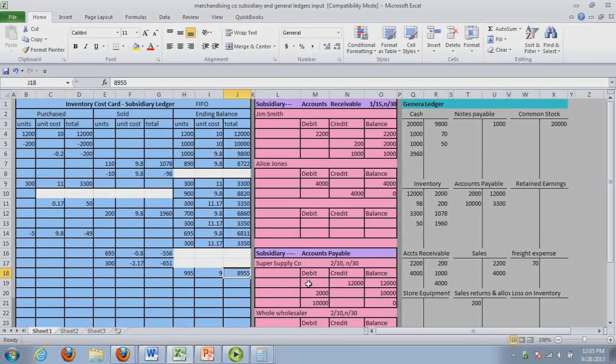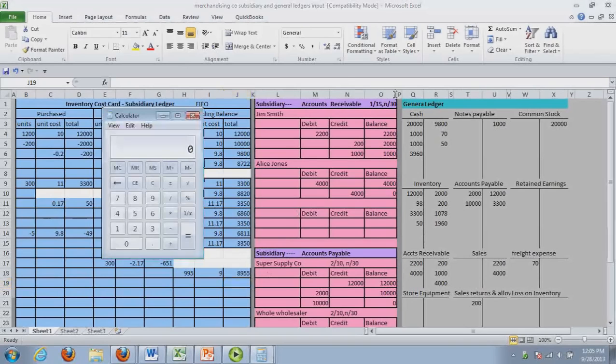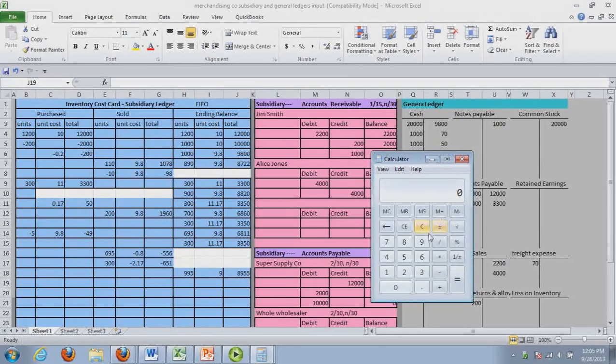So I need to reduce my inventory by what? Let's put that in there. We'll do one calculation for that. We have 68.11. Okay, all I'm doing is picking up the ending balances before this adjustment. 68.11 plus 3,350 is we had 10,161 in inventory.